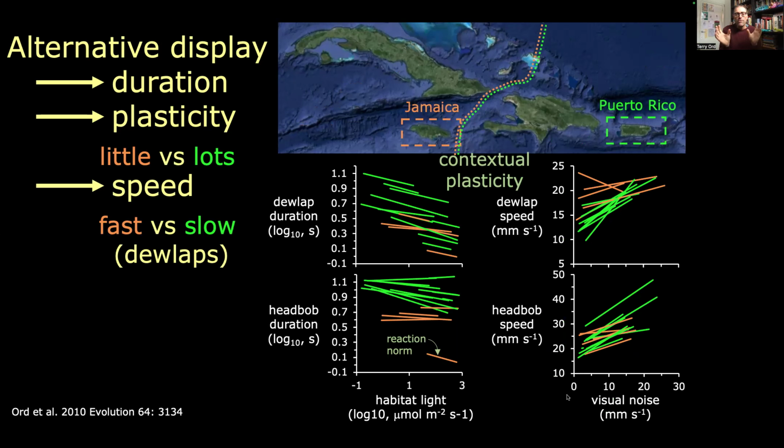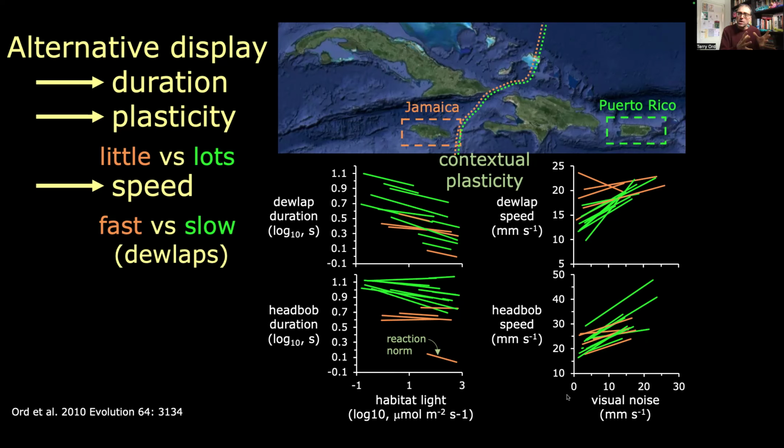If we focus in on a subset of species in each of those clades, we find that those in green have a lot of contextual plasticity. What I mean is they're essentially tailoring the design of their territorial advertisement display depending on the prevailing conditions they experience. Habitat, light, but also visual noise from windblown vegetation, all impact the detection of these visual displays in these Caribbean anoles.